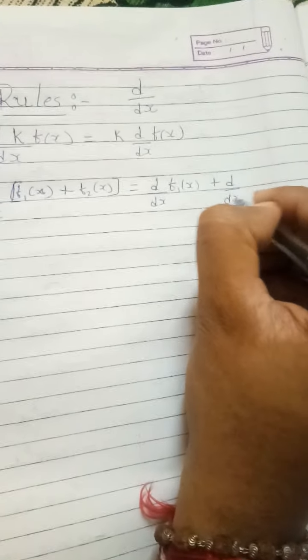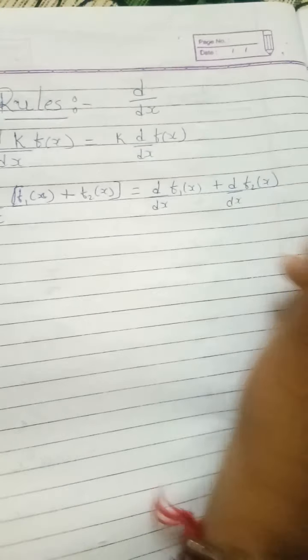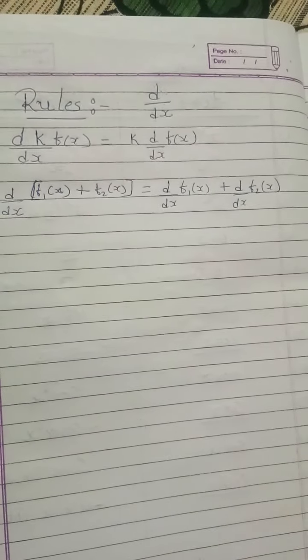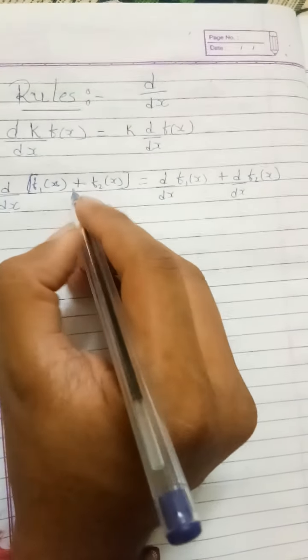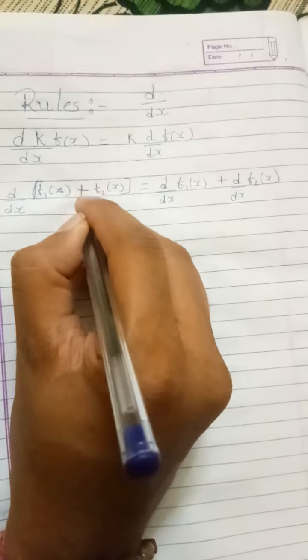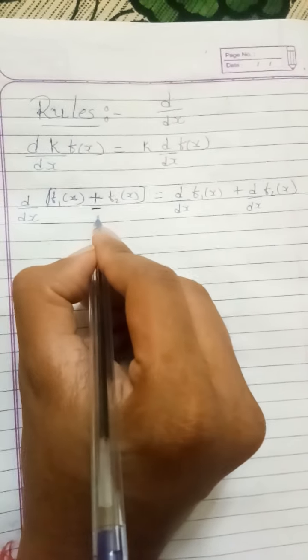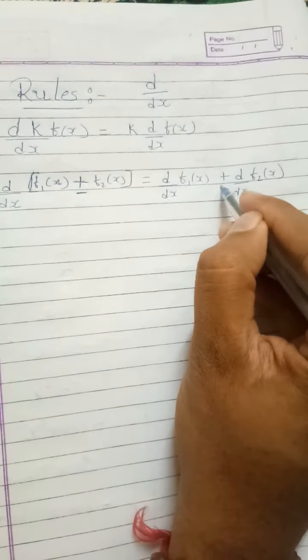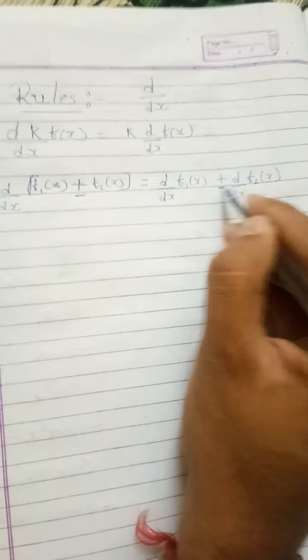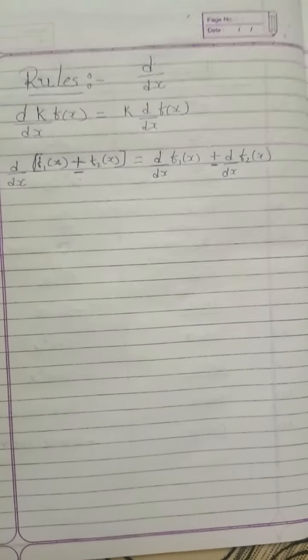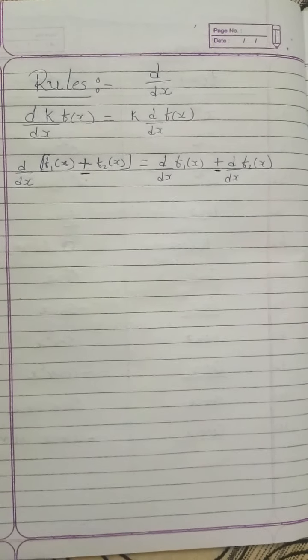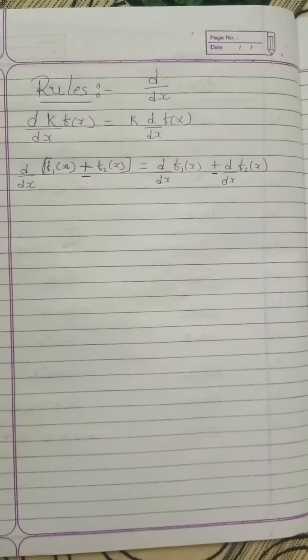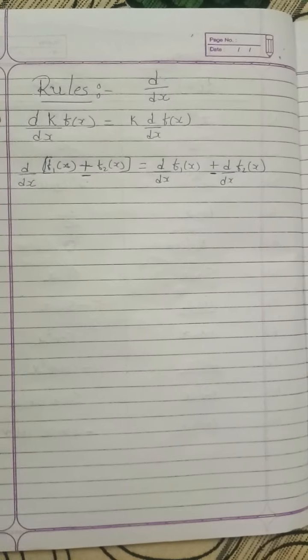It means d dx of f1x plus d dx of f2x. If in between there is a negative sign instead of positive, there is one change, just put the negative sign, and the formula is as it is. It means d dx of f1x minus f2x is d dx of f1x minus d dx of f2x.